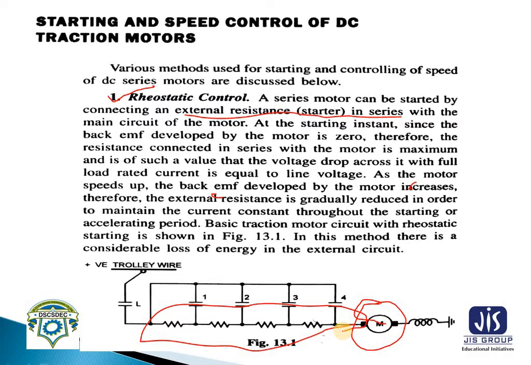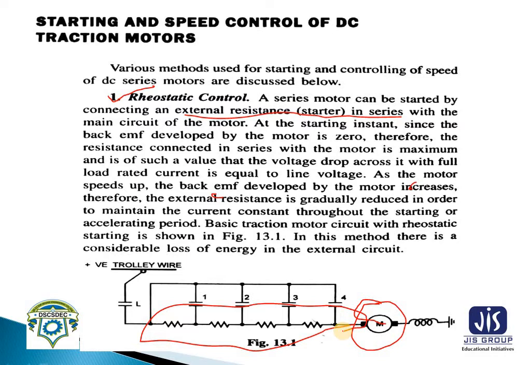And as the motor speeds up, the back EMF developed by the motor increases and therefore the external resistance is gradually reduced in order to maintain the current constant throughout the starting or accelerating period.